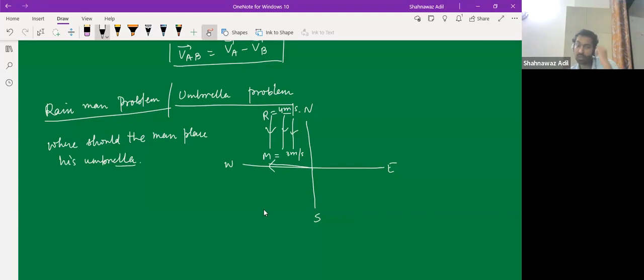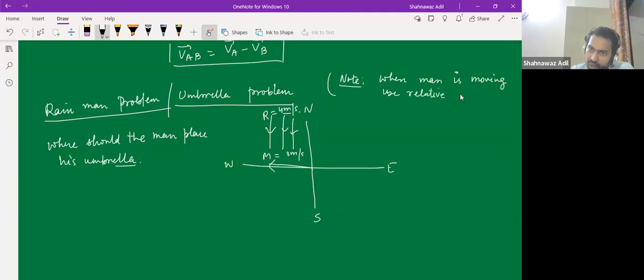And remember always that whenever you see that the man is moving, note that, right? When the man is moving, use relative velocity.